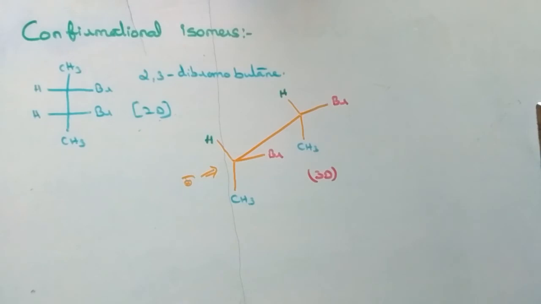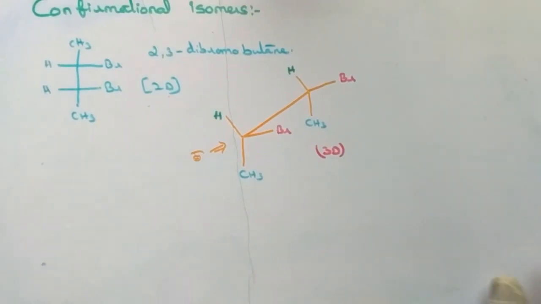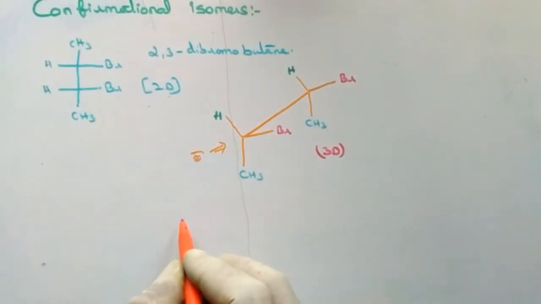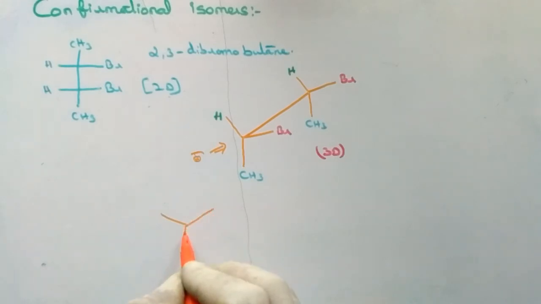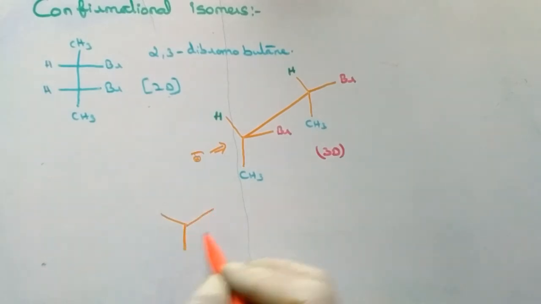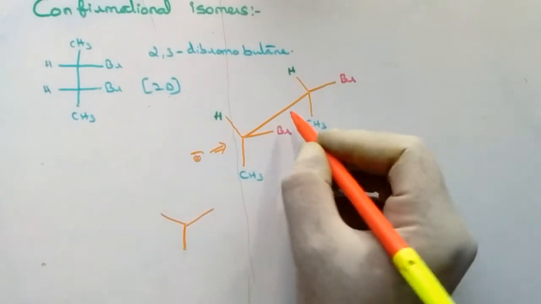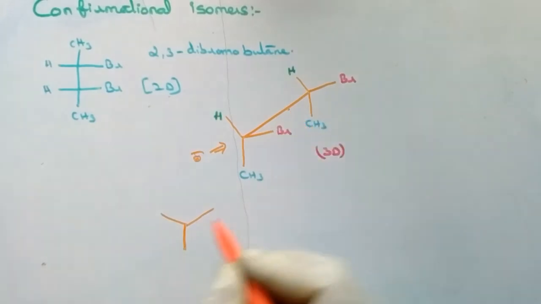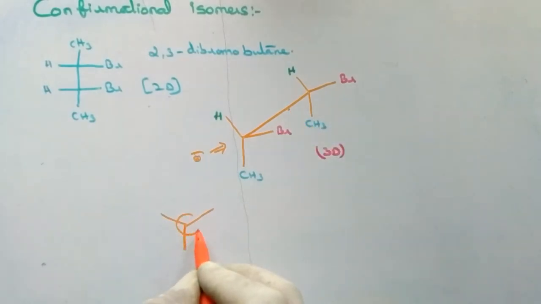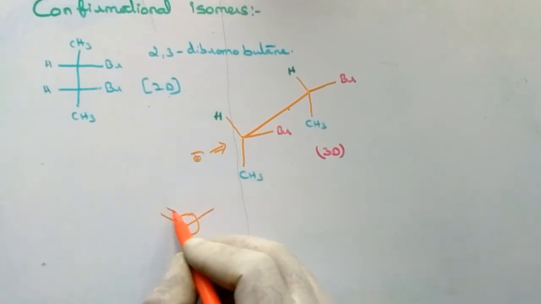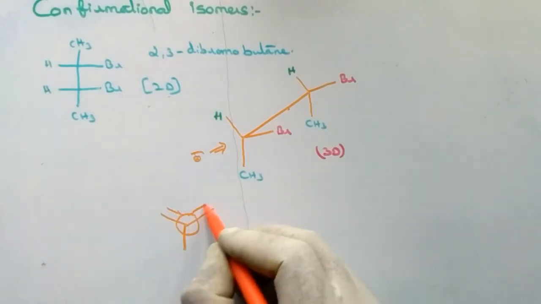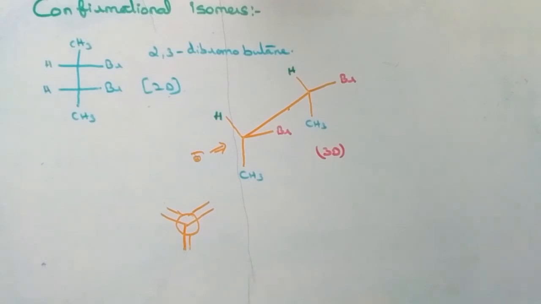If we look from this carbon, from the front carbon, then how will it look? See the 3 groups on the front carbon. We cannot see this bond while looking from this carbon. So we draw a circle to denote these 3 groups are on the rear carbon.